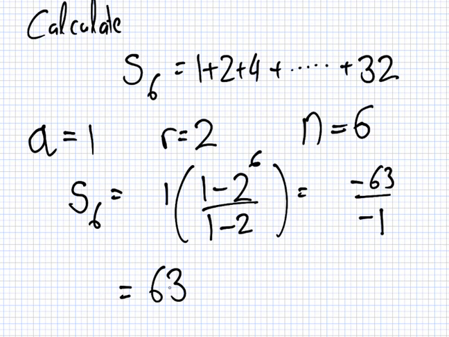And in fact, if you were very patient, you could check that answer by typing in 1 plus 2 plus 4 plus 8 plus 16 plus 32, and you will get 63. You all have your calculators now, don't you? Yeah? Okay.